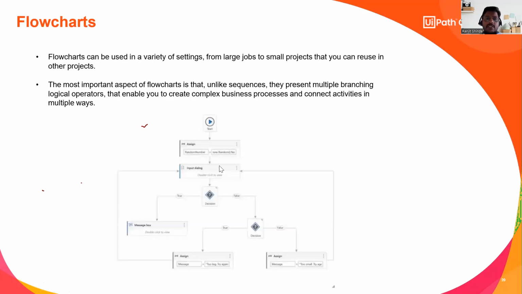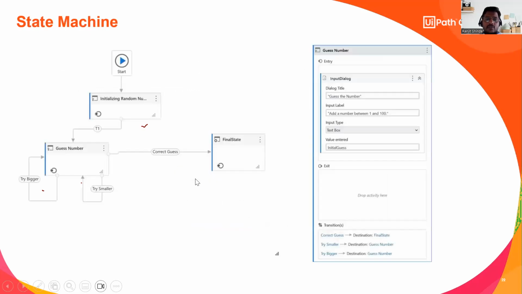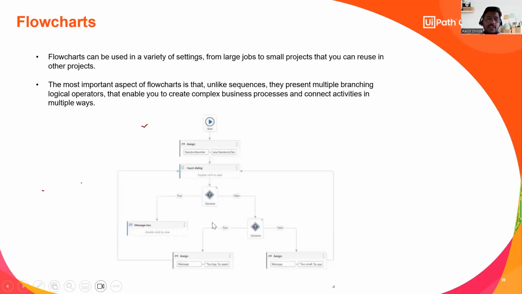Then next one is the flowchart. You can see here one activity connected with another activity. Suppose this is my first activity, it is connected with the second activity, then the second activity is connected with the third activity. Then the third activity is connected with this activity, also this activity.